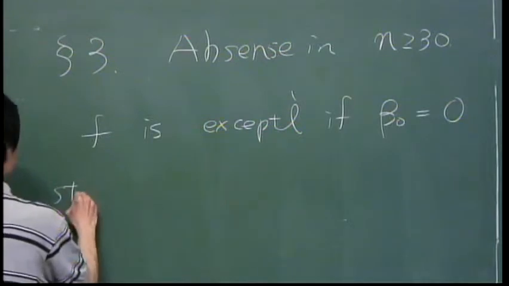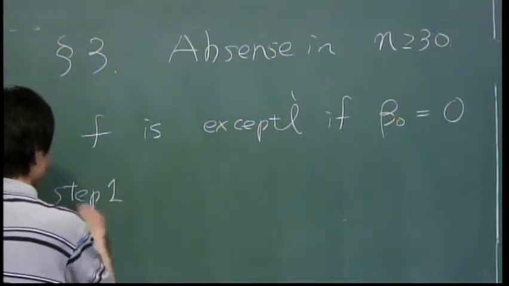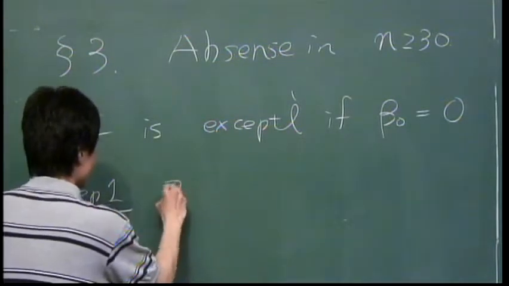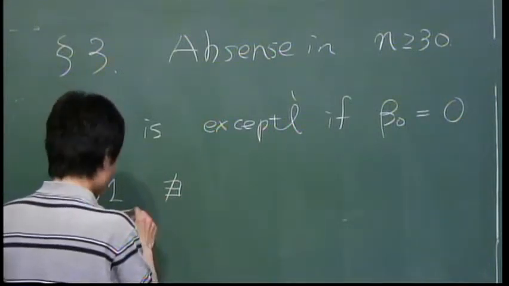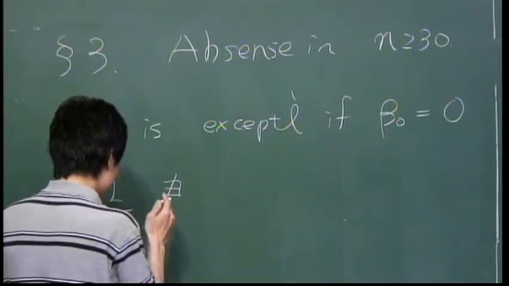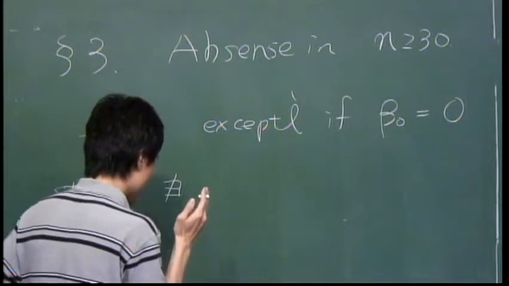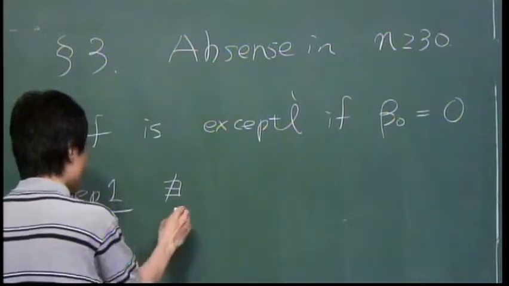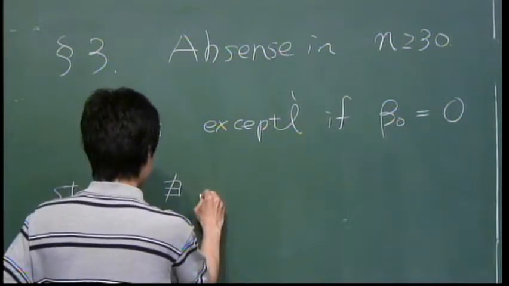So the first step is to prove, with only the condition that the lattice contains two hyperbolic planes, that there exists no exceptional form.